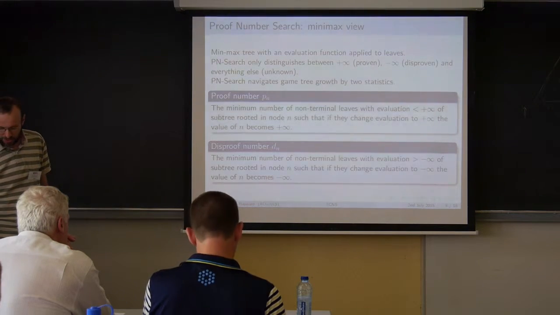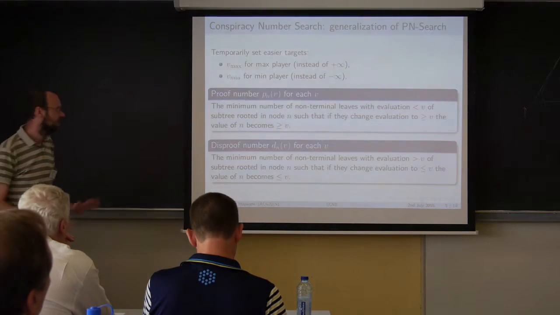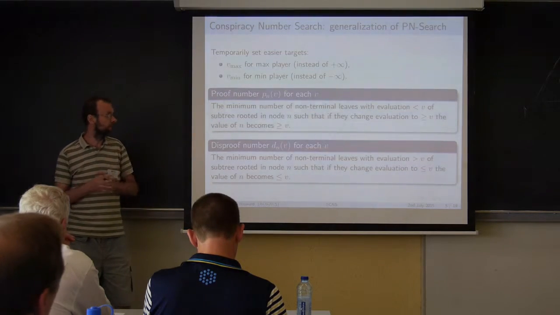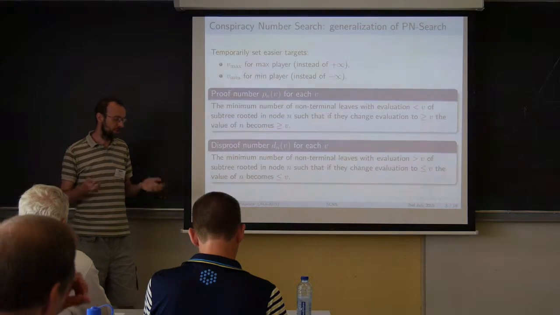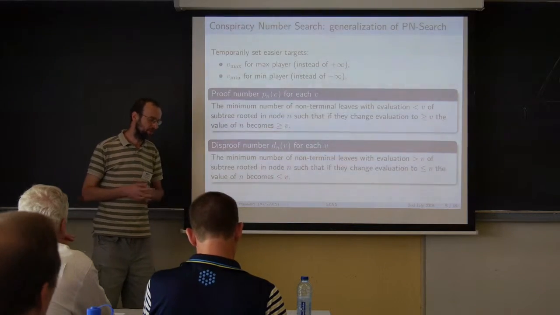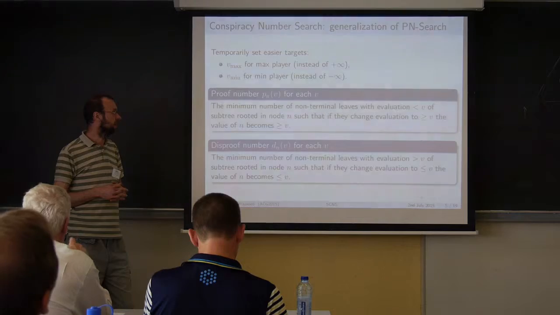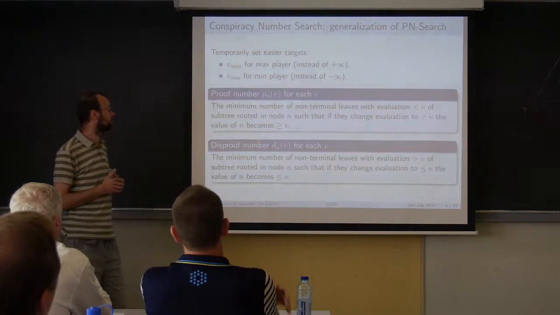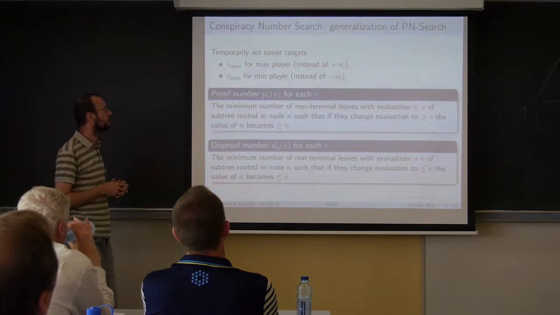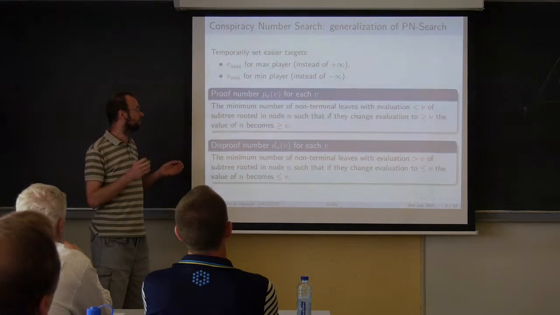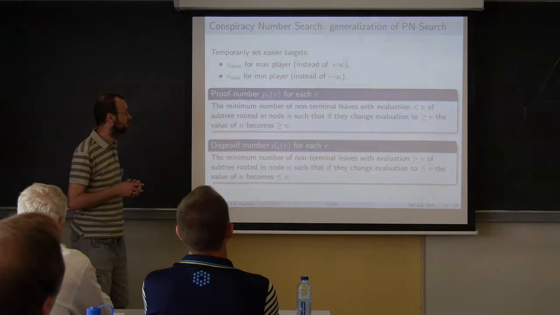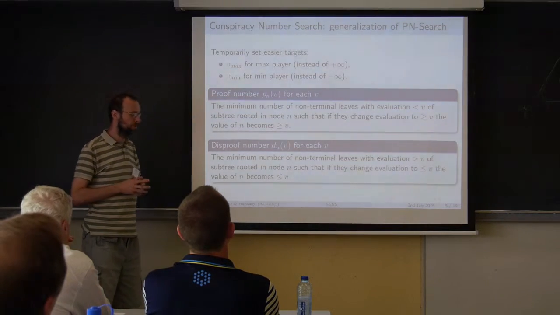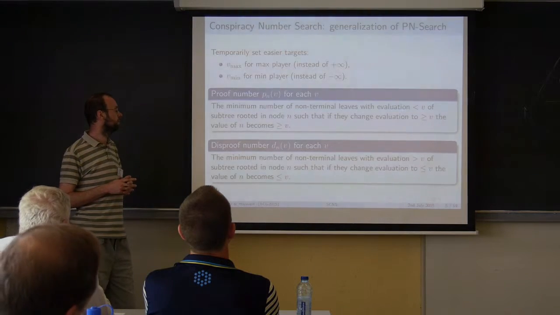Instead of trying to reach the value plus infinity, which is a difficult target sometimes, in the middle of the game when we are far from the end, we can change the target to something smaller, say Vmax. And analogously for the min player, the minimizing player, instead we would like to achieve some simpler goal Vmin.